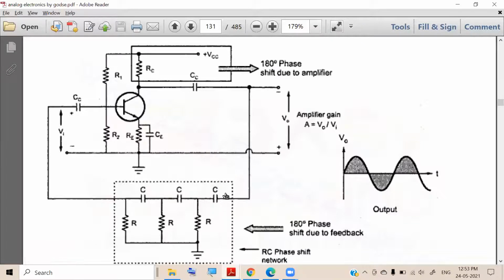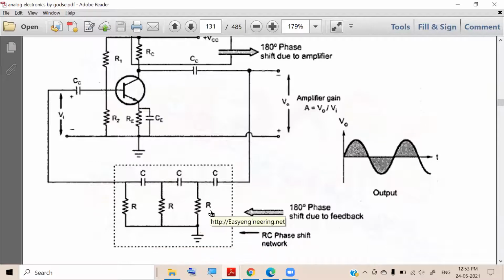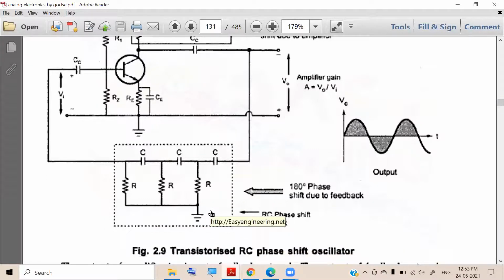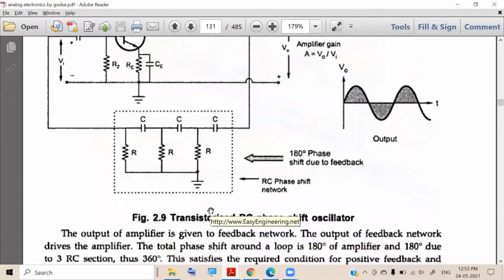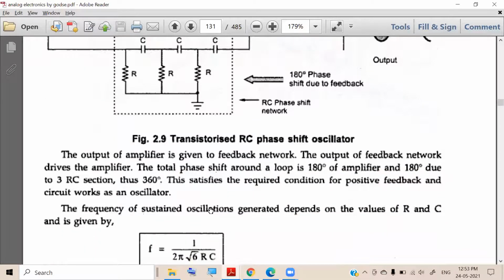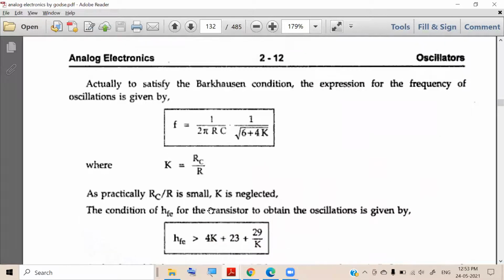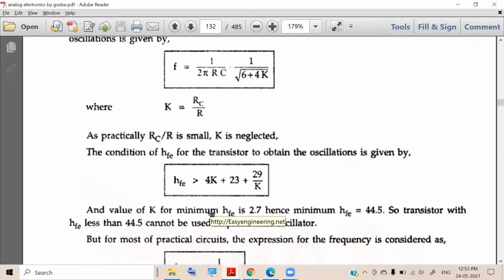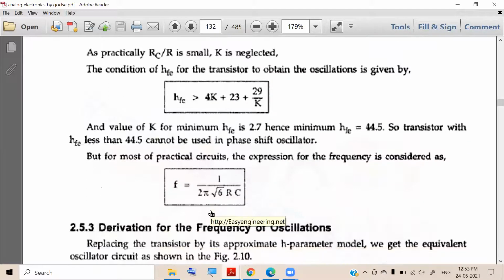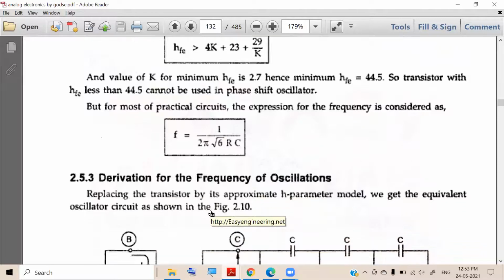Whatever circuit we get, we will write KVLs and KCLs and simplify. It is the same old process that we used for the Hartley and Colpitts oscillators, which we will use for the RC based oscillator.